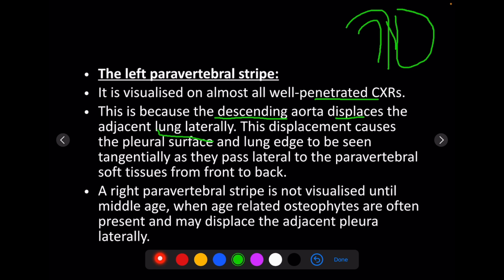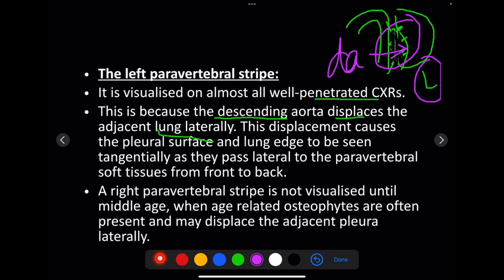The aorta pushes the left lung, and this space that is present is called the left paravertebral stripe.